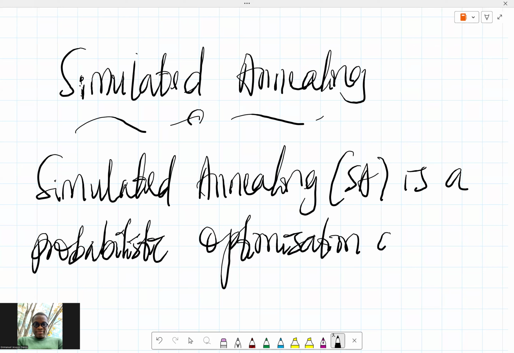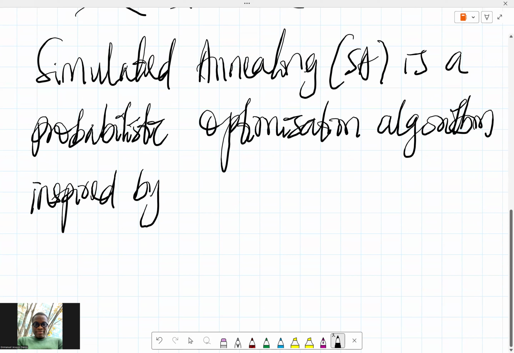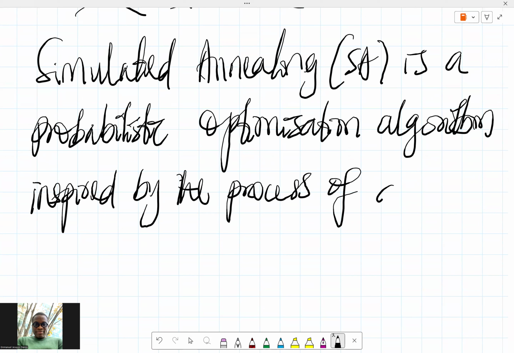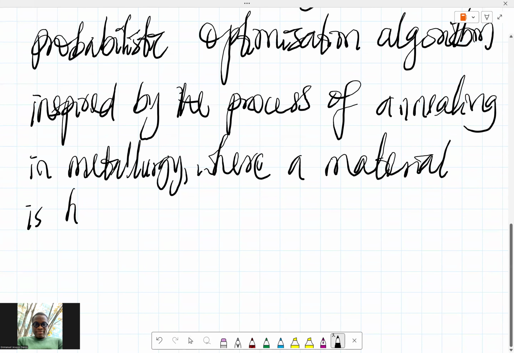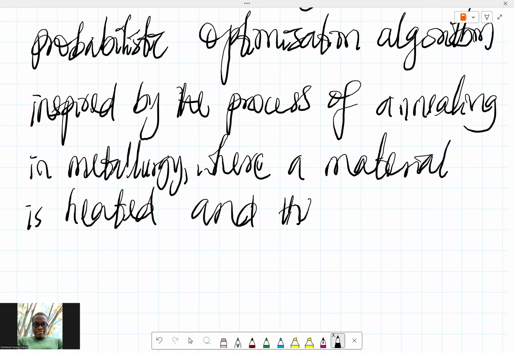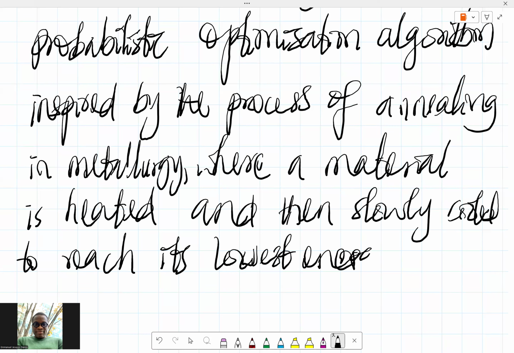A probabilistic optimization algorithm inspired by the process of annealing in metallurgy, where a material is heated and then slowly cooled to reach its lowest energy state.